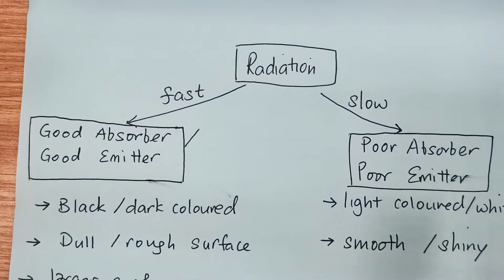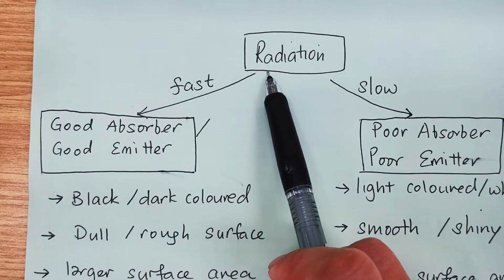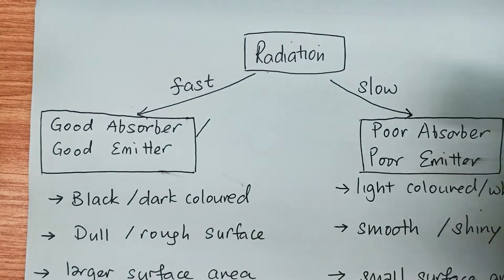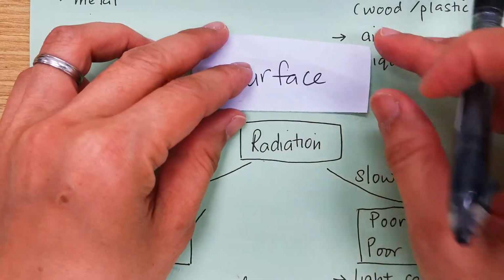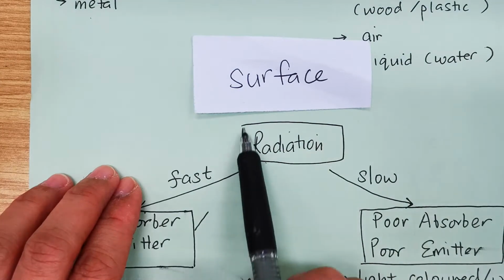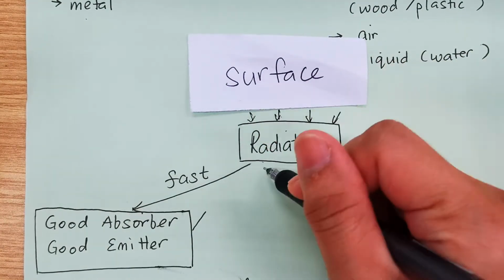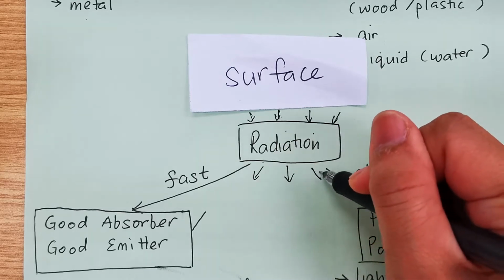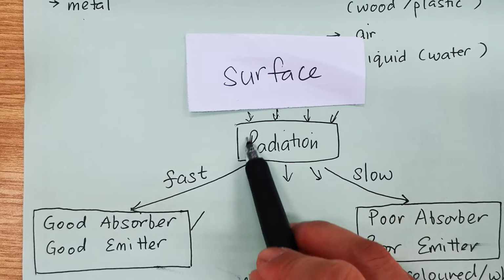So let's take a look at radiation. Now, for radiation, basically we are looking at the surface, because it is the surface that will absorb radiation or emit radiation. So basically, we are only concerned with the type of surface.